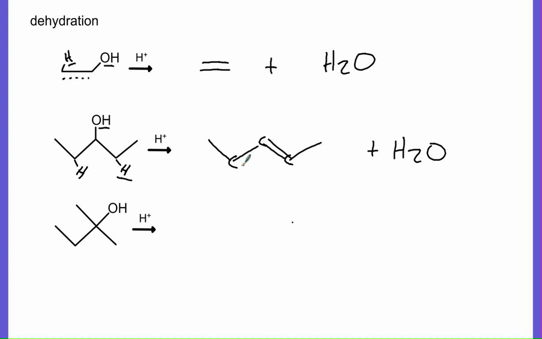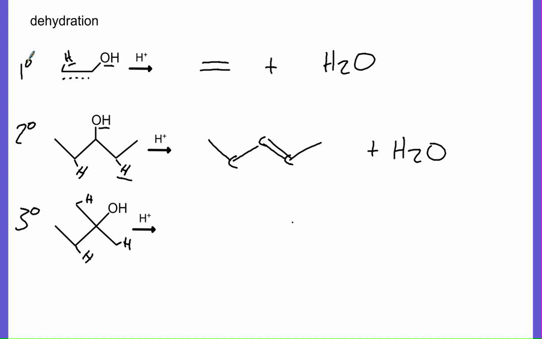The next one, though, I actually have three different options. Since I started with the tertiary alcohol here, I could take a hydrogen from this carbon, or from this carbon, or from this carbon to make my double bond. So these ones are probably going to be the hardest, the tertiary examples. Secondary, primary, I do have all classes up here.